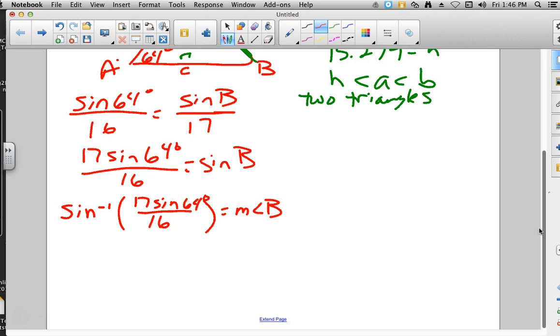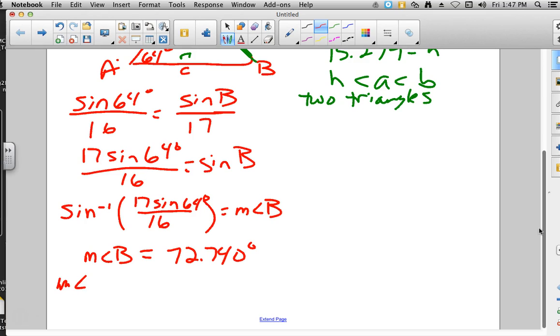So we have all of that, and we punch that into the calculator, and absolutely make sure you're in degree mode. That comes out to 72.740 degrees. Then we would know that every triangle has 180 degrees in it.